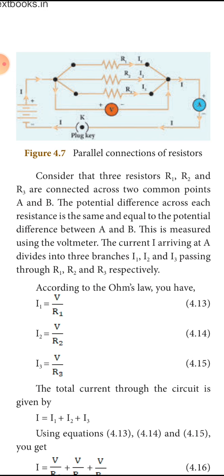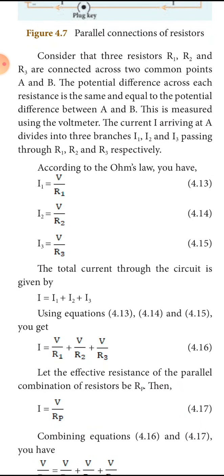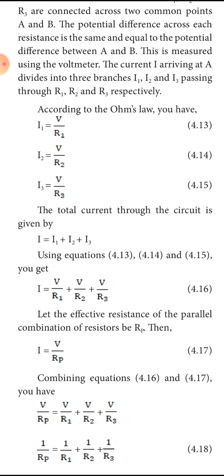According to Ohm's law, I1 is equal to V by R1, I2 is equal to V by R2, and I3 is equal to V by R3. The total current through the circuit, the addition of I1 plus I2 plus I3, that is I, is equal to V by R1 plus V by R2 plus V by R3. Taking V common outside, within the bracket you will get 1 by R1 plus 1 by R2 plus 1 by R3.